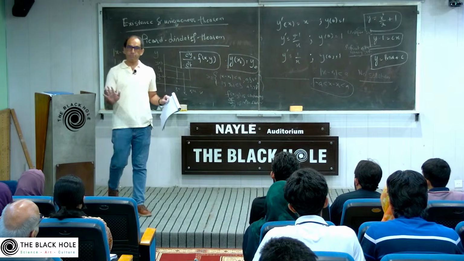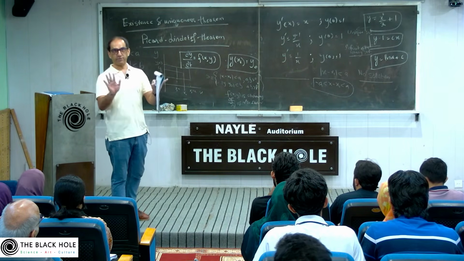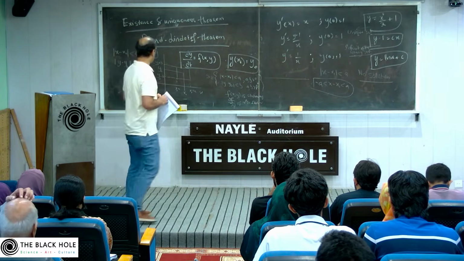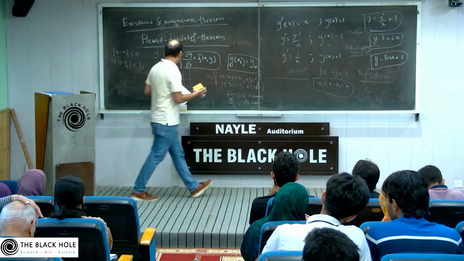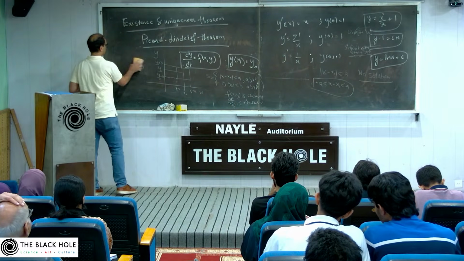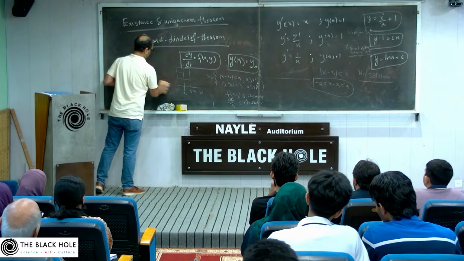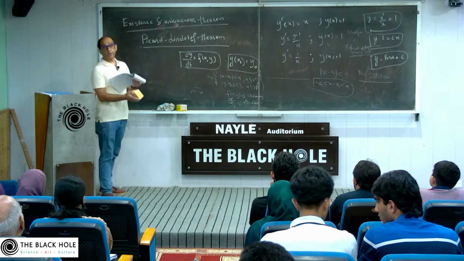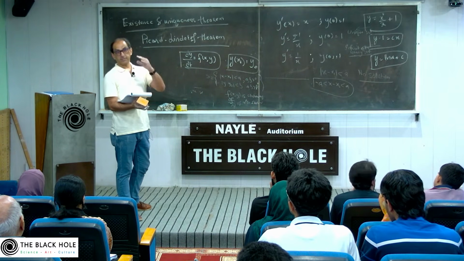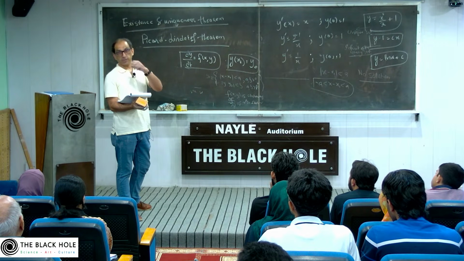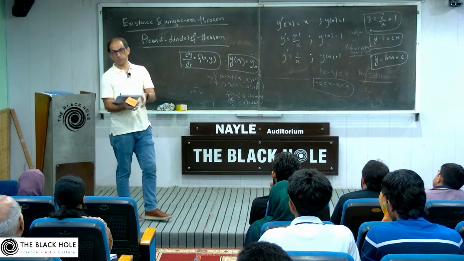So this is just the theorem. We need to apply this theorem, and we will be done with existence and uniqueness. But this is very important to know, of course. Very soon you will find that it is a sufficient condition, but not a necessary condition.